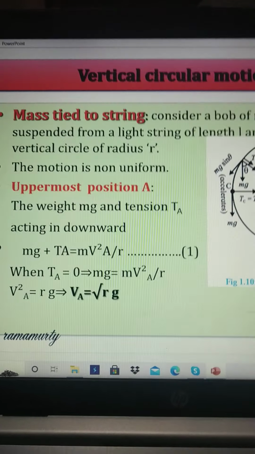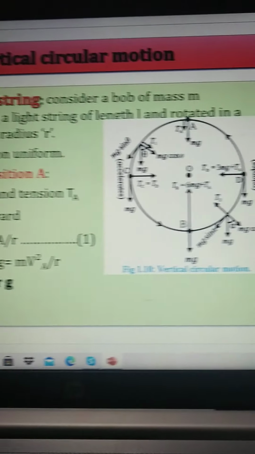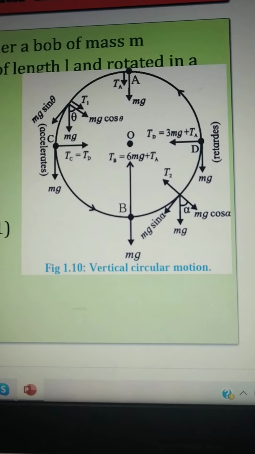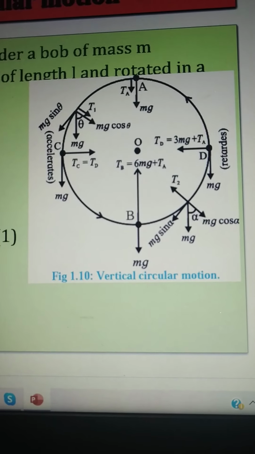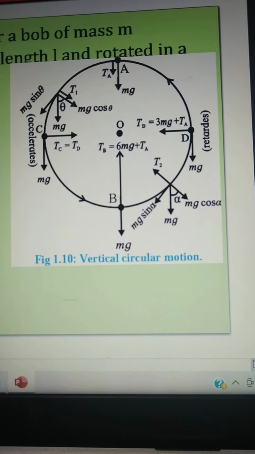Okay, so first we see this diagram for vertical circular motion, and we see the expression for it.